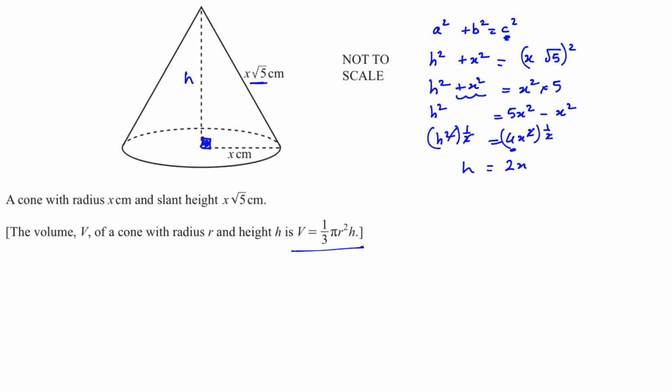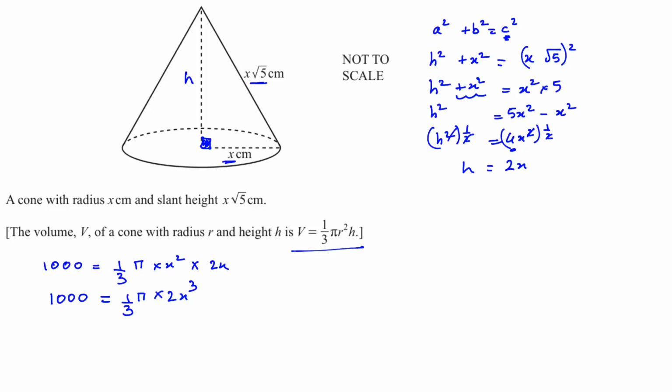We'll replace in our equation all that we have got. 1/3 pi, r is x, so it's going to become x square, and h is 2x. So you have 1000 is equal to 1/3 pi times 2x to the power of 3.